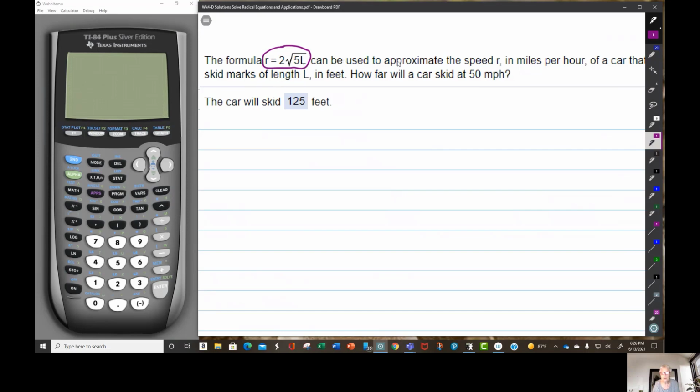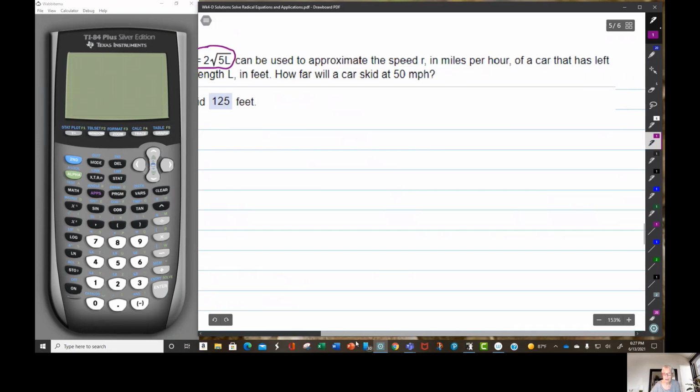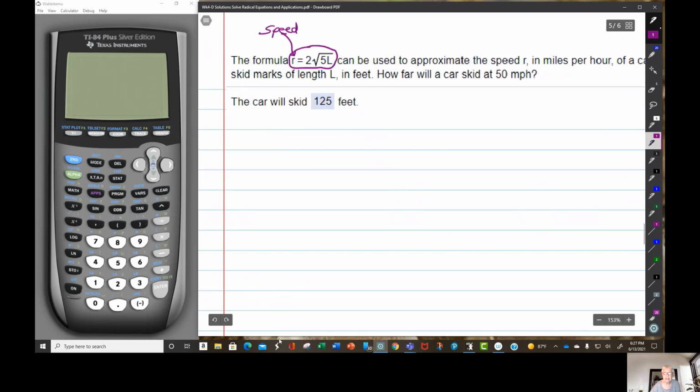Now this can be used to approximate the speed r. So r is the speed in miles per hour of a car that has left skid marks of length L in feet.